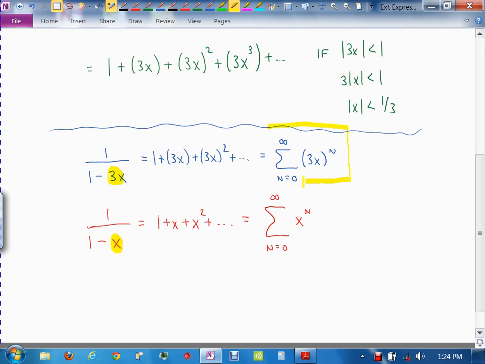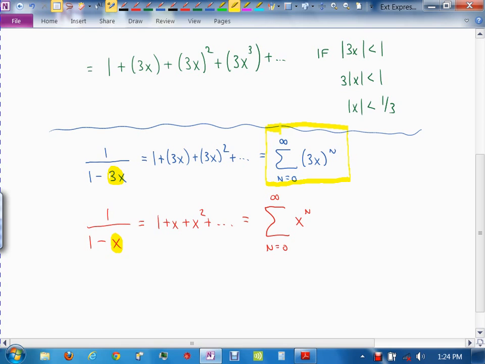So this highlighted in yellow in this box here, that is the power series for this expression. This is it written out in sigma notation with that sum. This is it written out just with dot, dot, dots.